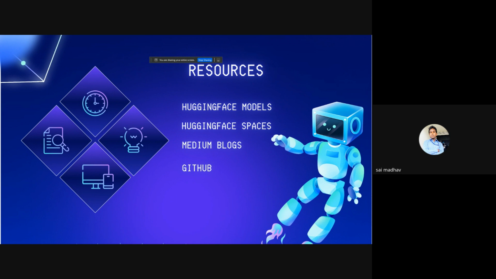You can simply search in Google and find those blogs. Towards AI is one of the best blogs I have found in Medium, and also in GitHub. Also, they provide a lot of combinations of the generative AI models.